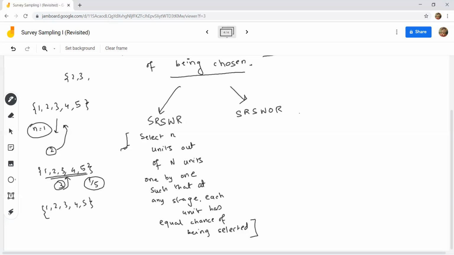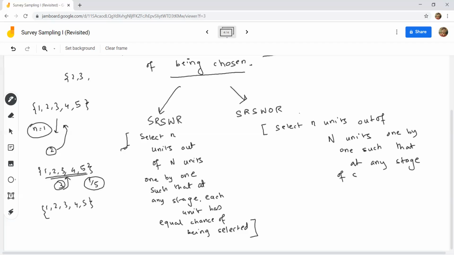So basically, you'd be interested in selecting small n units out of capital N units, one by one, such that at any stage of selection, any one of the remaining, so here the word remaining is of prime importance, units have the same chance of selection.